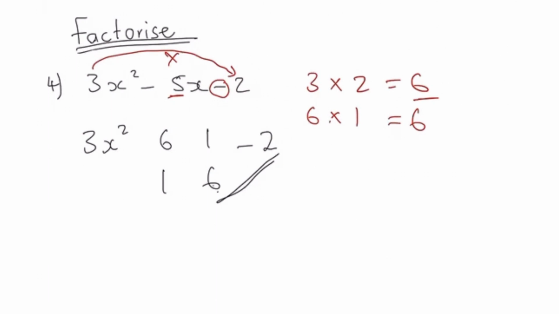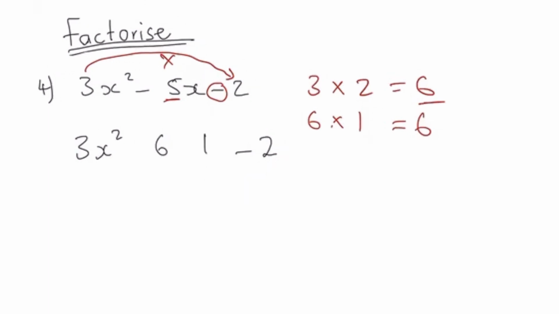But I am interested in taking 3 from this, I don't want to take 2 from this, but you're going to produce the same answer if you do it that way. There's no problem. After writing them like this, you want to give the larger magnitude the sign of the middle term, the negative. To get that negative 5, the 6 must have a negative and the 1 must have a plus.